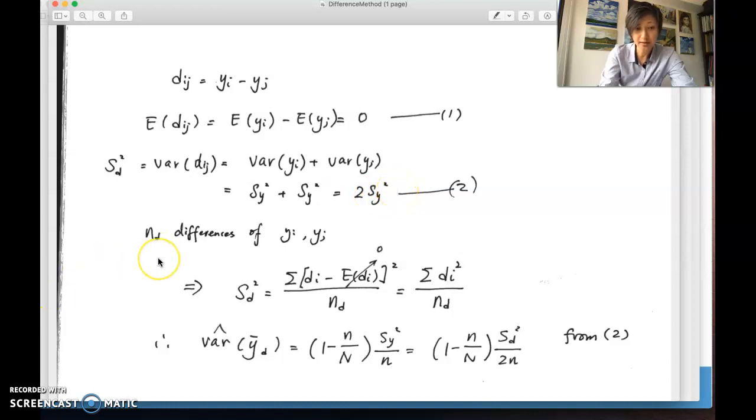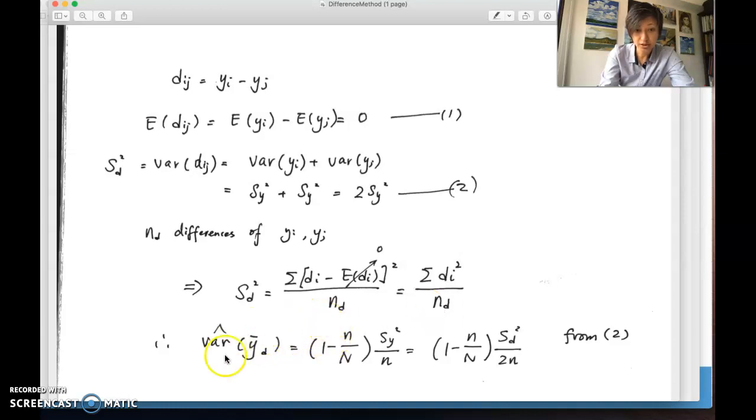Okay, and there are nd differences among the successive differences. Sd square is defined as the summation of di square. So we look at the differences, take squares and sum them up, divided by the number of successive differences, nd.